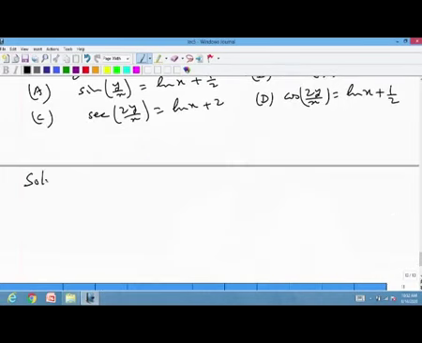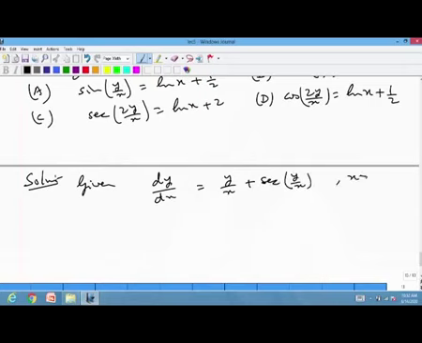So, we know that the slope of tangent at a point (x, y) on the curve is given by dy dx. So, we are given dy dx is equal to y by x plus secant of y by x for x bigger than 0.